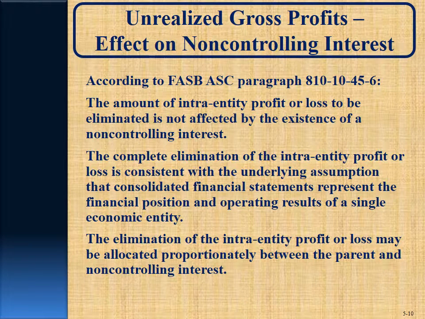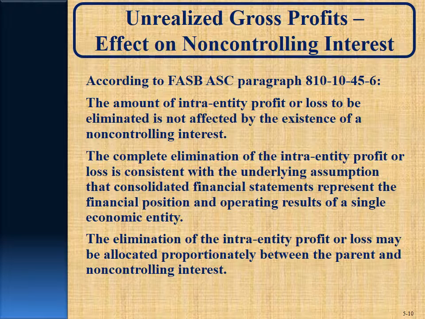According to the FASB, the amount of intra-entity profit or loss to be eliminated is not affected by the existence of non-controlling interest. So what they're saying here is, you pick. The complete elimination of intra-entity gross profit or loss is consistent with the underlying assumption that consolidated financial statements represent the financial position and operating results of a single entity.